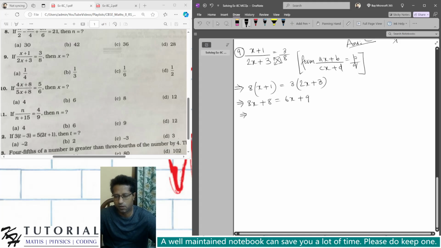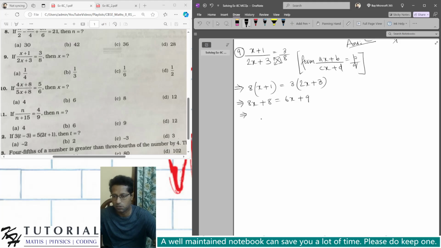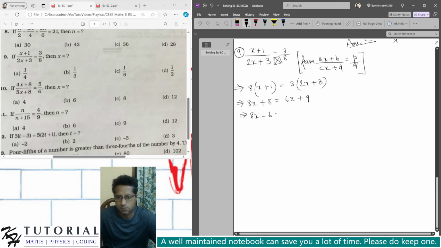Then we bring all the x terms to the left hand side and all the constants to the right hand side by the rule of transposition, and we get 8x minus 6x is equal to 9 minus 8. So this implies twice x is equal to 1. This implies x is equal to 1 by 2. So the solution of the given equation is half, and hence the correct choice is D. D is the correct choice.